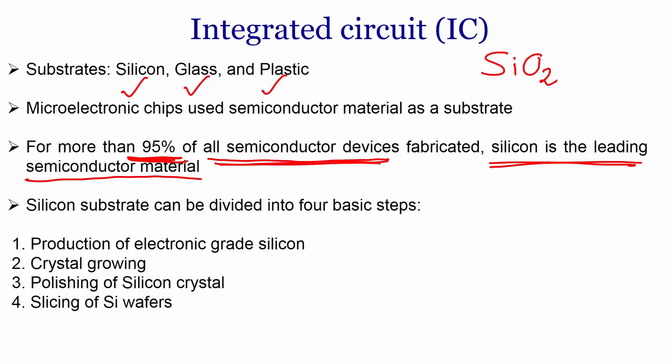Then it is very important for us to understand how silicon is actually manufactured. But to understand the manufacturing process of silicon in depth would take hours, because you have to understand a lot of techniques: the float zone technique, the Czochralski technique, how the seed crystal is there, how you are pulling the seed crystal.